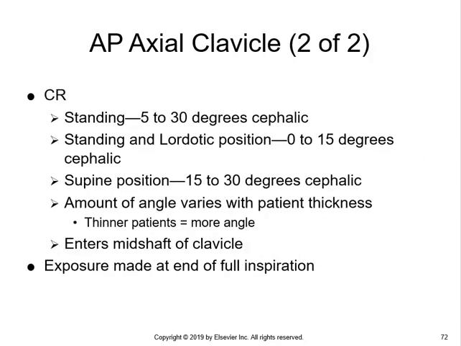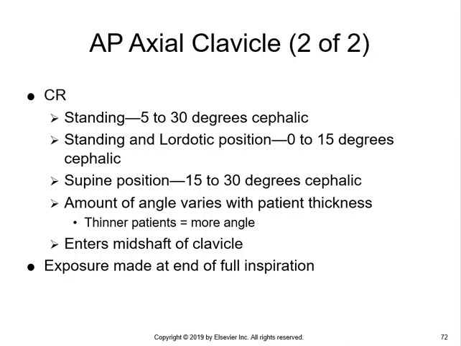Central ray angulation for the axials is going to be dependent on patient position, whether they're standing or seated or supine, and also on their body build. This is not necessarily referring to body habitus, but rather how thick the chest is.